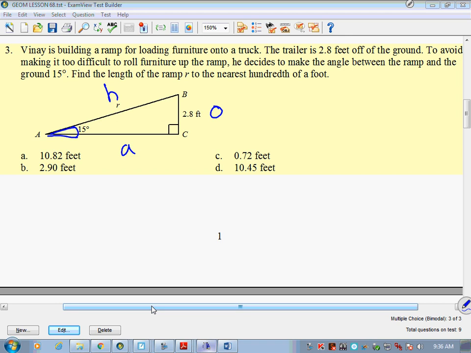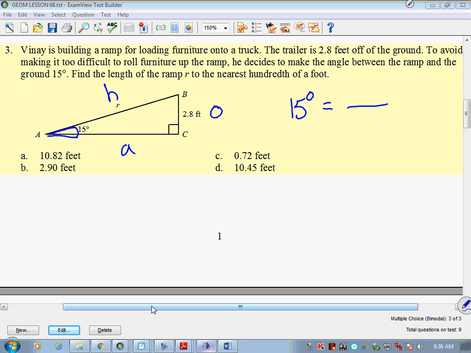And we know that sine is opposite over hypotenuse, cosine is adjacent over hypotenuse, and tangent is opposite over adjacent. So now what we're looking for is which trigonometric function is going to use what I need it to use. We know that 15 degrees is going to be equal to a ratio, and I know that I'm going to use opposite, adjacent, or hypotenuse.